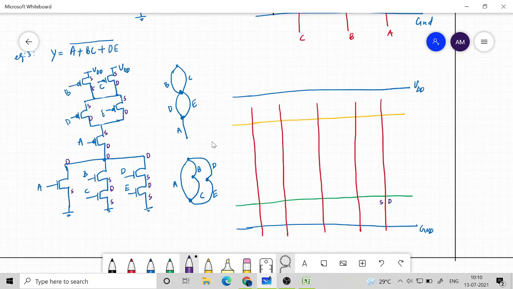Okay, so this doesn't make much difference. Then I will do one more modification.